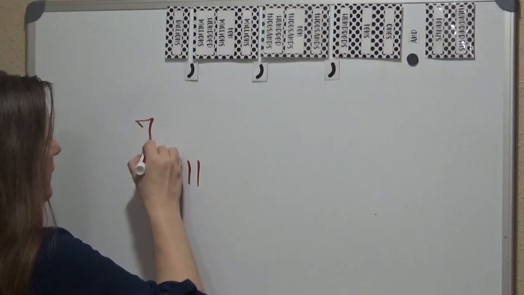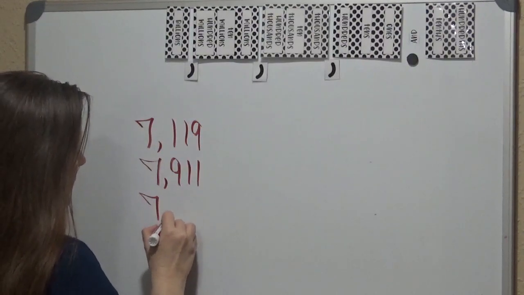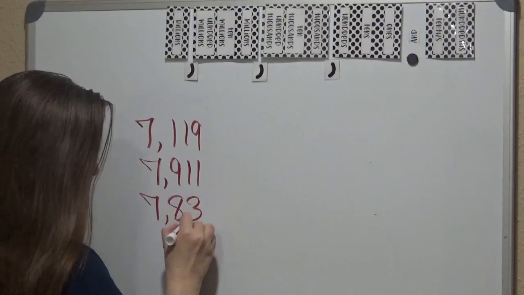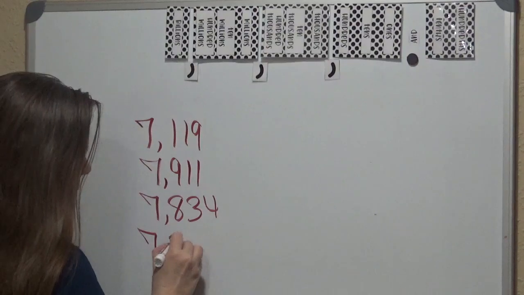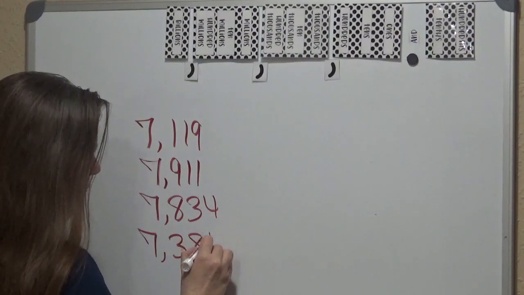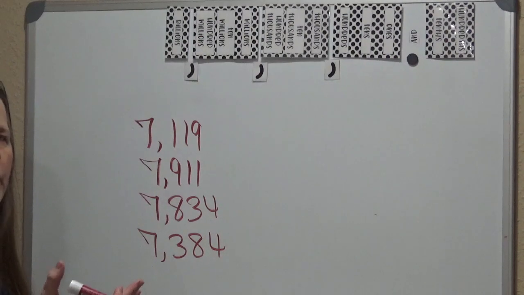So we'll say 7,119, 7,834, and 7,384. So when you see something like that, they may say order it from greatest to least, or they may say order it from least to greatest.